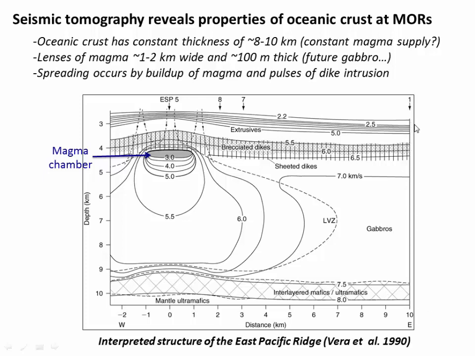And what that means is that essentially the processes and perhaps the rate of magma supply that form oceanic crust are essentially constant over time. There's not a big variation in that thickness.